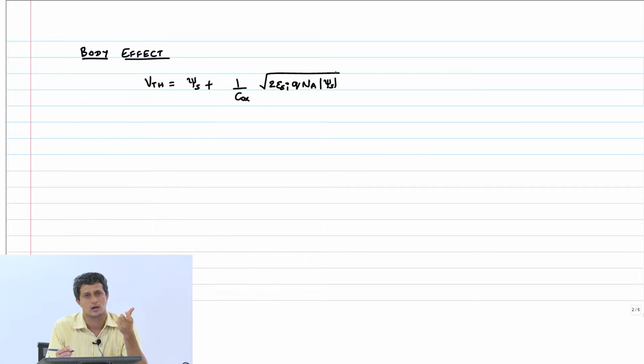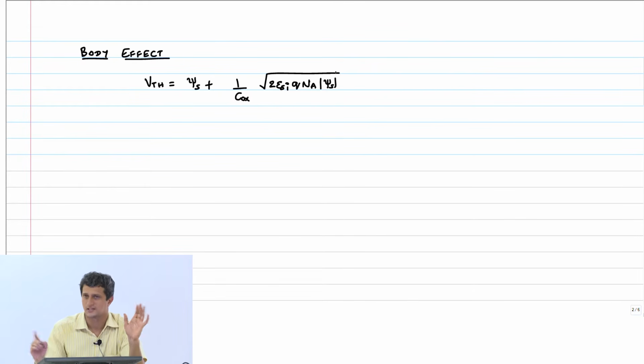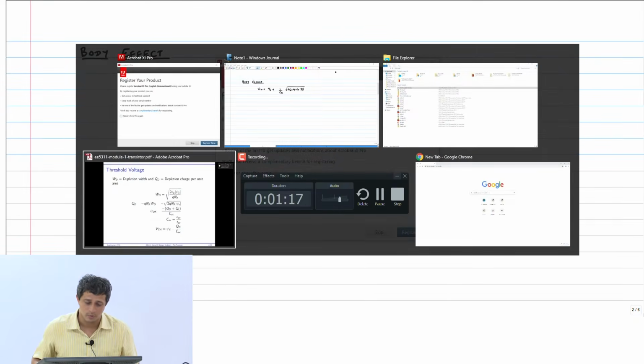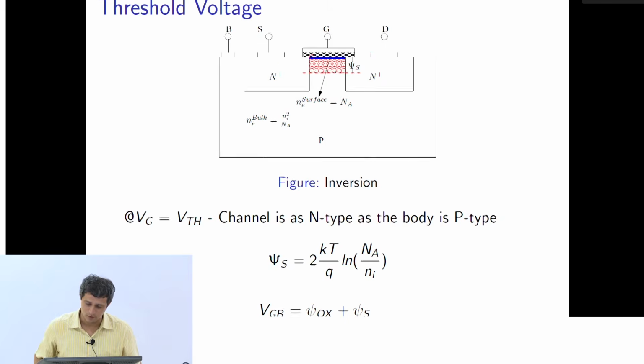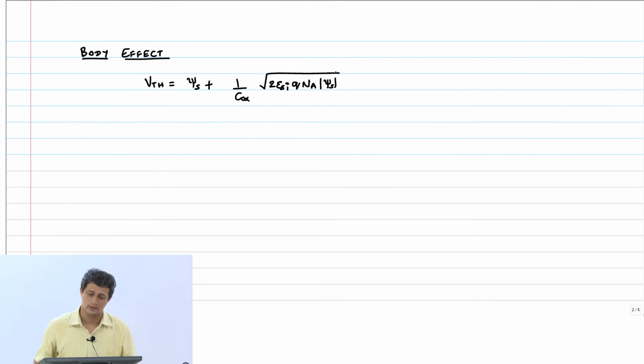That's the convention. For a PMOS transistor, the surface potential will be negative, because we have to apply a negative potential on the gate, and therefore the surface potential will also be negative, so inside the square root you have to put a modulus. But for an NMOS transistor, it's basically just the square root of psi s, because psi s itself is supposed to be positive, right? I hope I got this expression right without missing any other term for the threshold voltage. Yes, 2QNA.